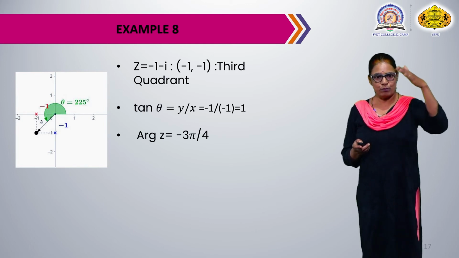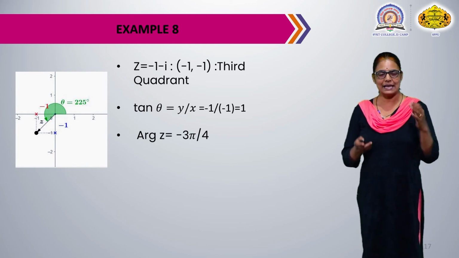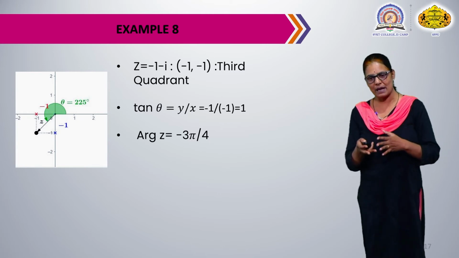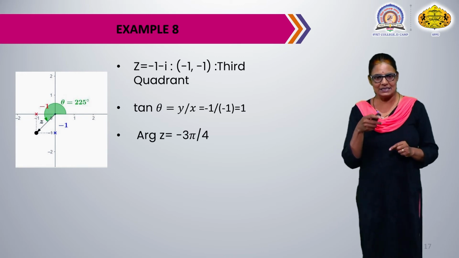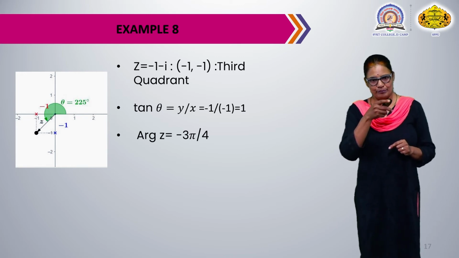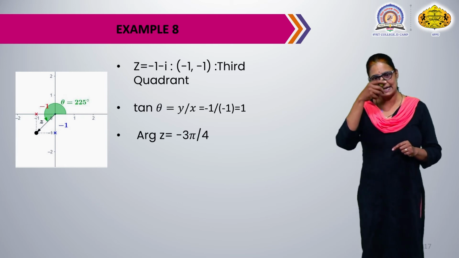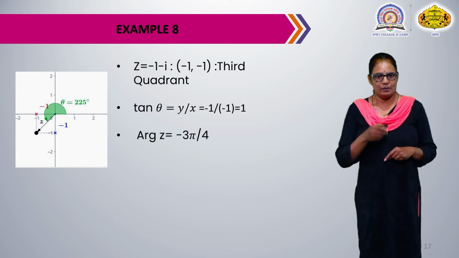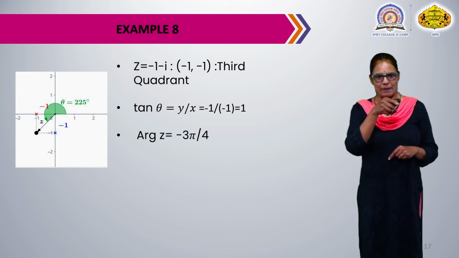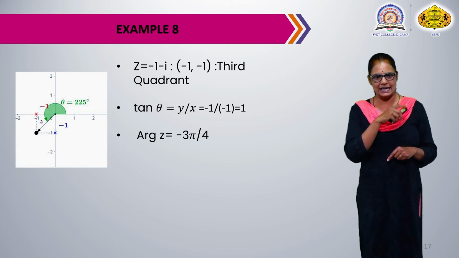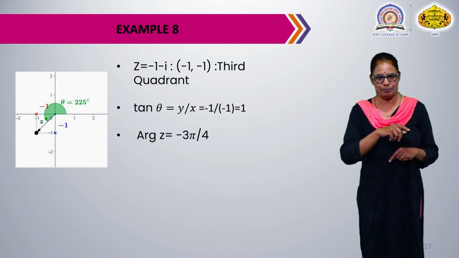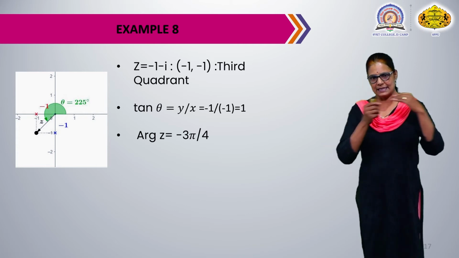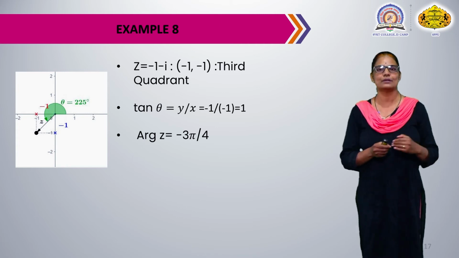But if the point is in the third quadrant, how is it possible that the angle between the positive real axis and the radius vector is pi by 4? Actually, see in the diagram, it is the angle between the negative real axis and the radius vector that is pi by 4. But we require the angle between the positive real axis and the radius vector.